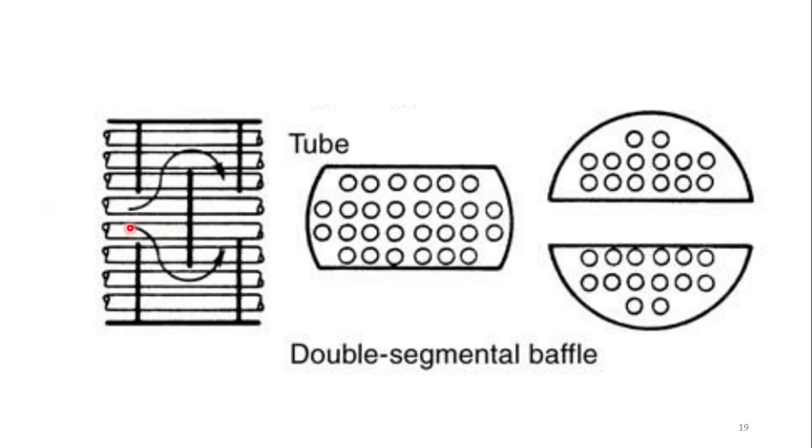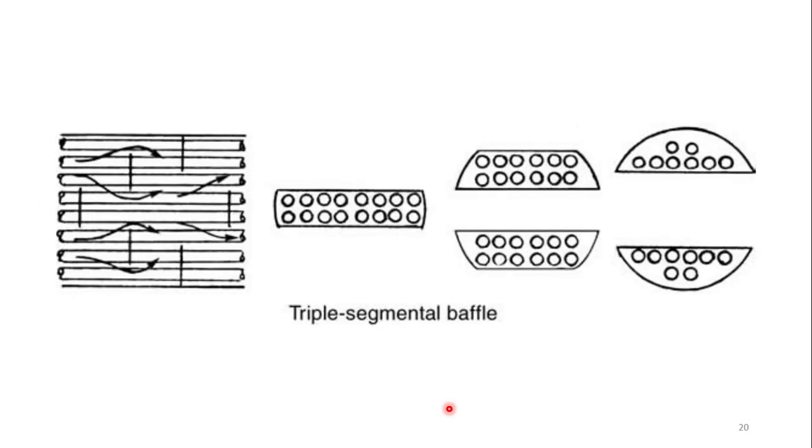So the fluid direction would be totally different compared to the previous one. Similarly, this is known as the double segmental baffle, and similarly we can see the triple segmental baffle, three different kinds of baffle, and if we arrange these three components, we have, up to some extent, a circular baffle.